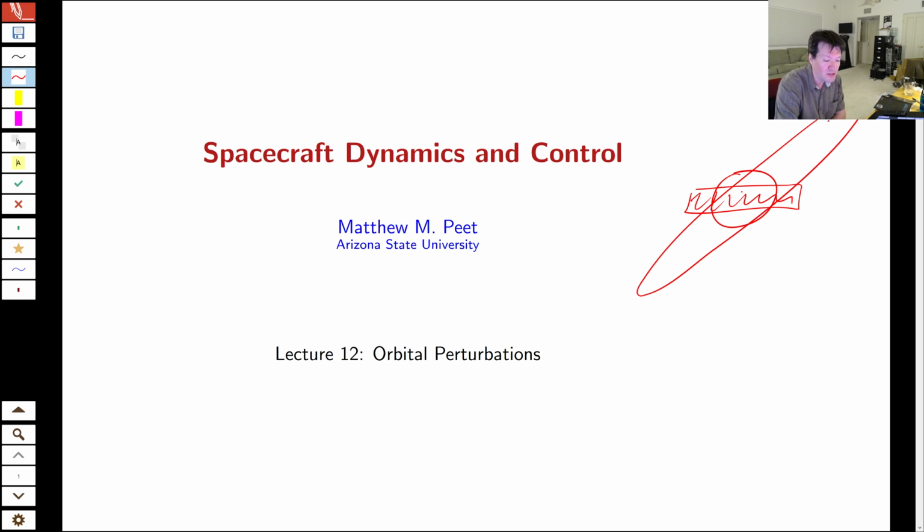And that can cause the orbit to precess, so that your angular momentum vector will rotate over time. In this lecture, we're not going to talk about that particular perturbation. We'll mostly focus on the general perturbation equations and the effect of drag.